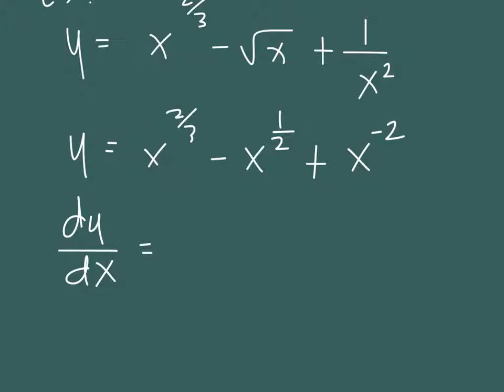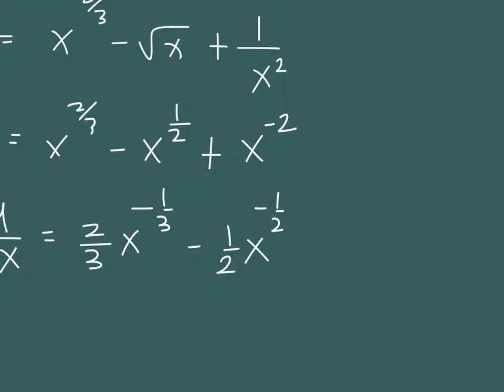The rule says a times n. 2/3, that's 2/3 times 1, x to the negative 1/3, that's 2/3 minus 1, and then minus x to the 1/2, x to the negative 1/2, and then plus or minus 2 x to the negative 3.